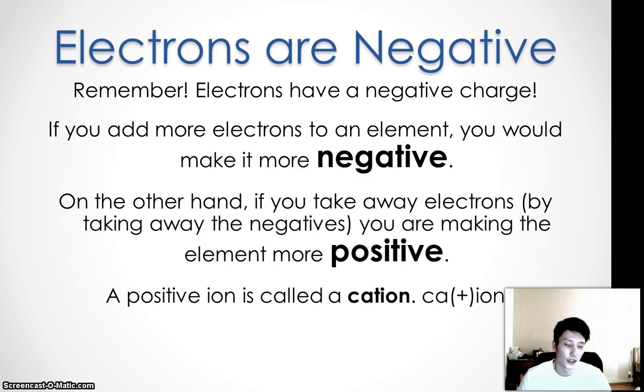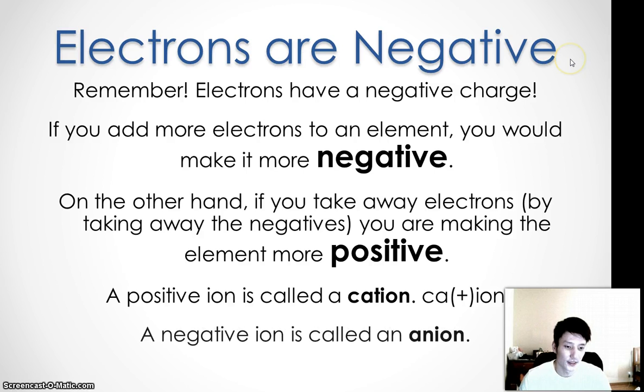Now we call an ion that's positive a cation. The easiest way to remember is to add this positive sign, or when you see the T, think about positive. Cation, positive, and a negative ion is called an anion.